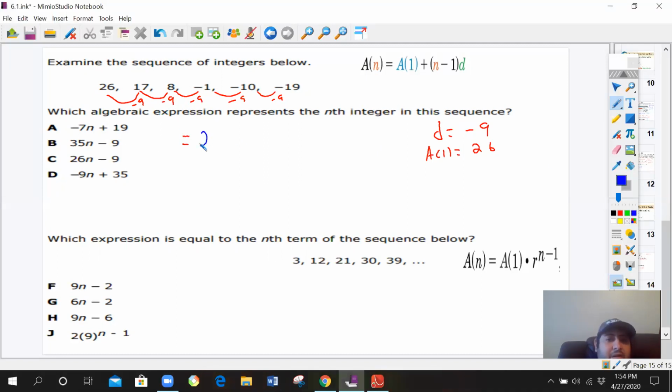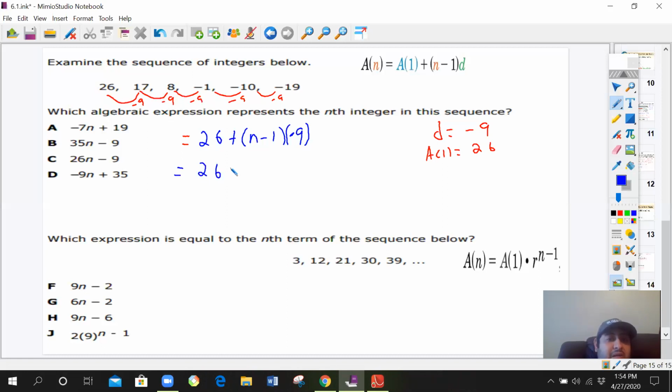We have 26 plus (n minus 1), and then our difference is going to be -9. I'll put parentheses so you won't get confused. This is a multiplication, not a subtraction of 9, okay?